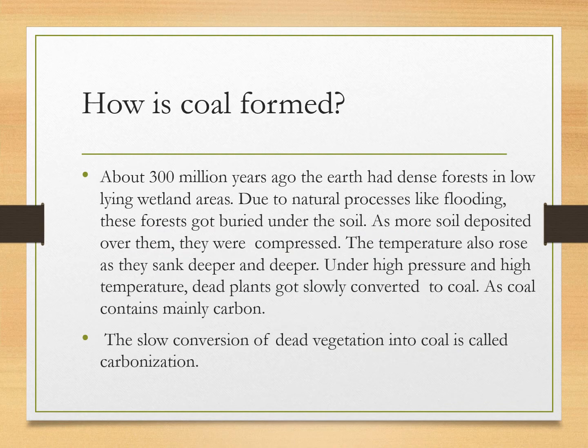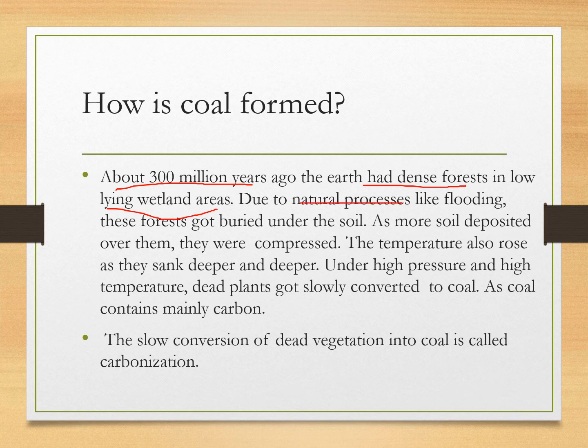Now you see how coal is formed. As I already told, coal is a type of fossil. More than 3,000 million years ago, the earth had dense forests in low-lying wetlands.